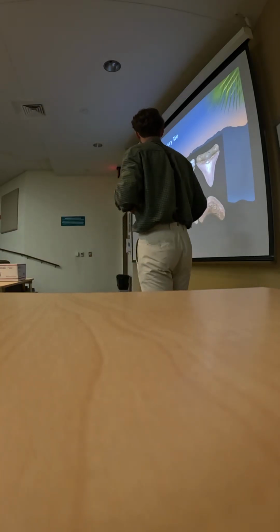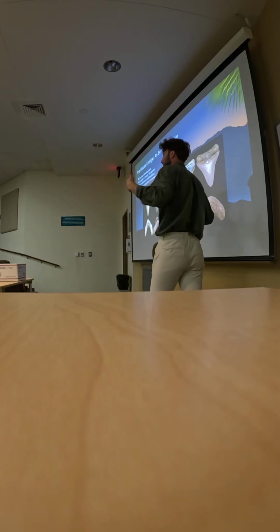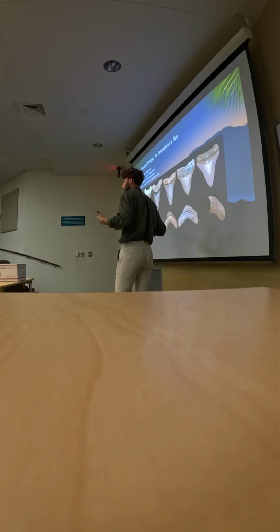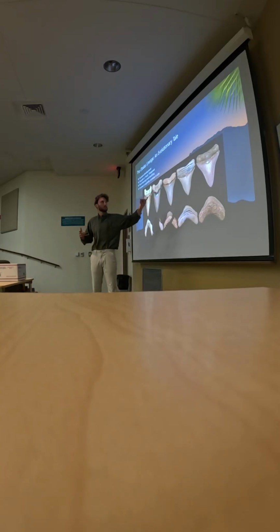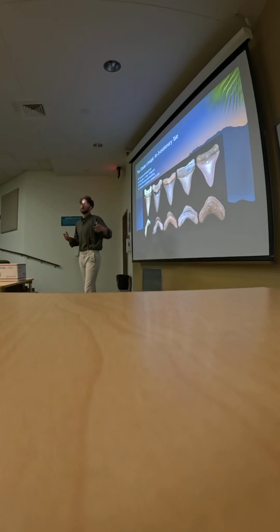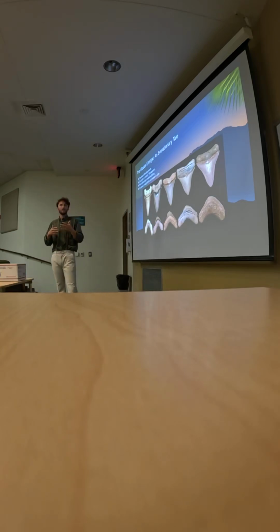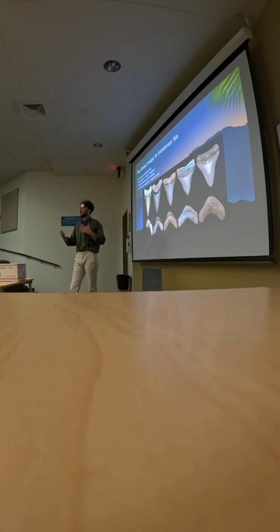So it can be difficult to determine at times the difference between late angustidens and early chubutensis, or late chubutensis and early Megalodons. And this becomes a case-by-case basis where you're essentially looking at what other fossils are being found present in those geographic areas that is going to give you more insight into the identification of the fossil.